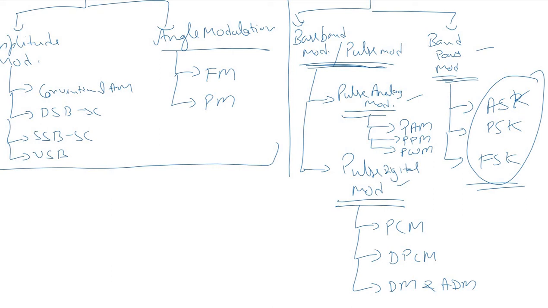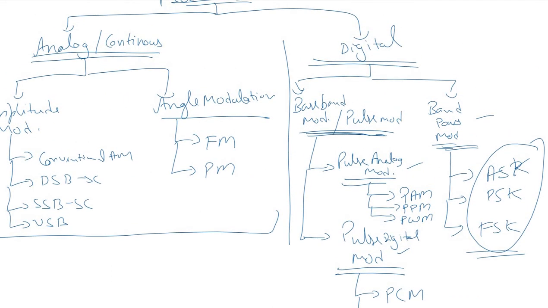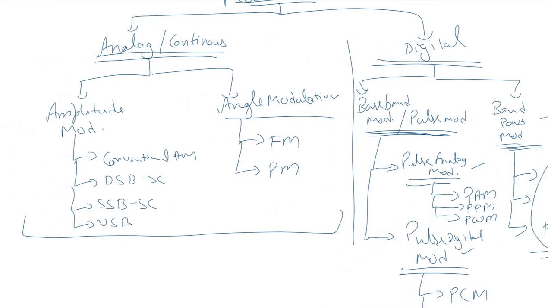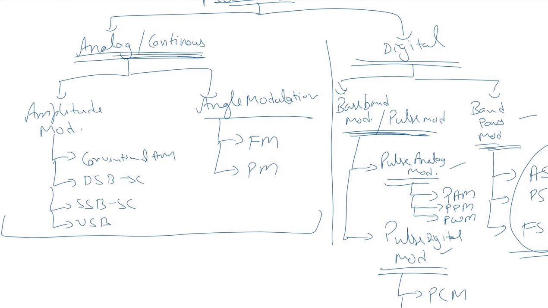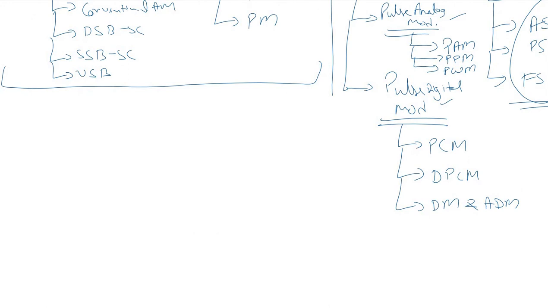Now let us understand what is the significance of each of these modulation techniques. We are well aware of the analog or the continuous type of modulation technique. In case of analog and continuous modulation technique, the message signal and the carrier signal, both are analog, or you can say continuous in nature.